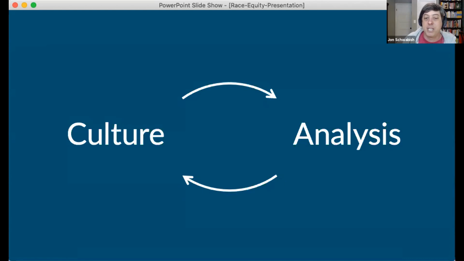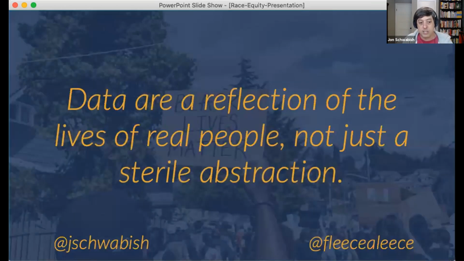And they might be able to connect me with the PTA at their school or the food bank in their community to better understand those experiences. So what I'm trying to say here is that while obviously having more diverse groups, teams, and organizations is important and beneficial, for those of us who are working with data, we need to push that ahead a little bit and see how that diversity actually interacts with the analysis that we're conducting, the data that we're collecting, and the data that we're visualizing.